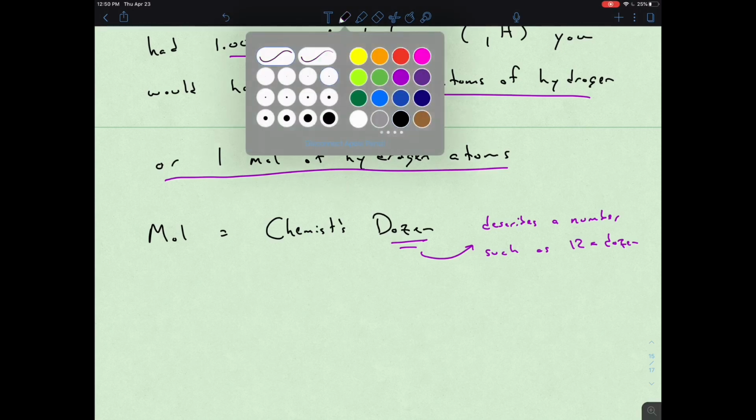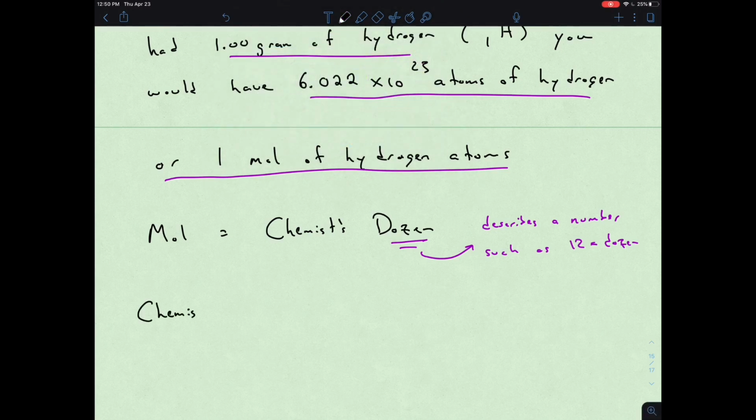Well, the chemist's dozen is not 12. The chemist's dozen is basically a mole. And that is equal to 6.022 times 10 to the 23rd things. So just like you could have a dozen eggs, or a dozen cars, or a dozen blueberries, or a dozen apples, you could have a mole of apples, a mole of blueberries, a mole of eggs, right? It's really describing an actual number.